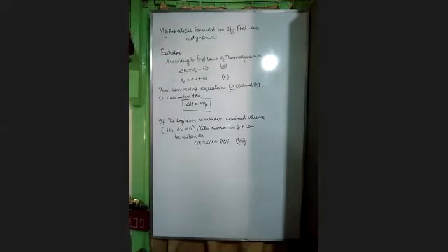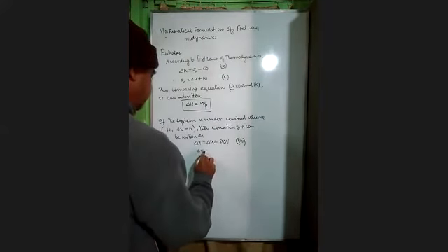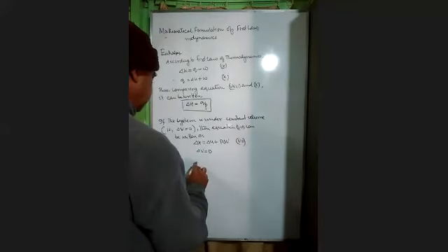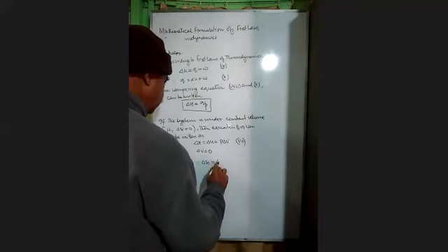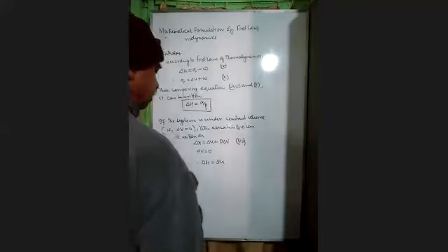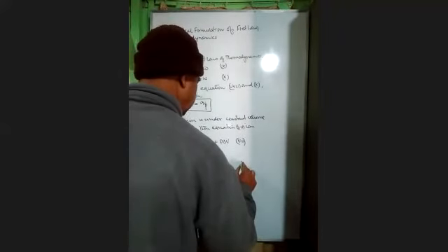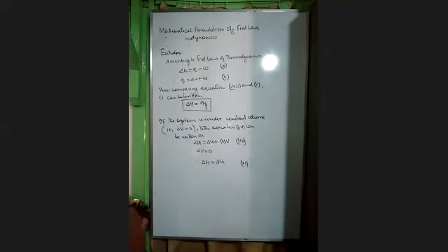So what is the condition here now? Delta V is equal to 0. Therefore, delta H is equal to delta U. So now this is equation 11.